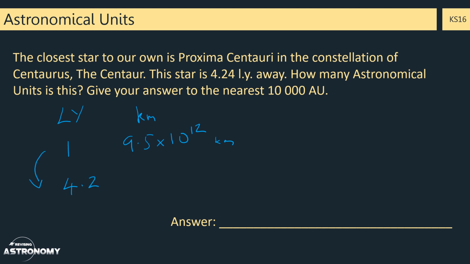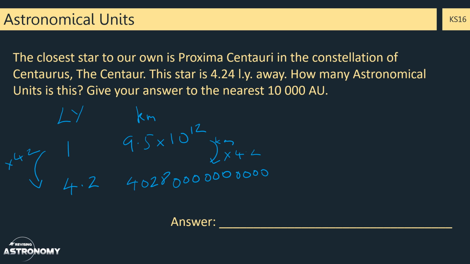So to get from 1 to 4.2, we obviously multiply by 4.2. So we're going to do the same on this side. So 9.5 times 10 to the 12 multiplied by 4.2 gives us 4028 followed by many zeros. Hopefully I've got enough.